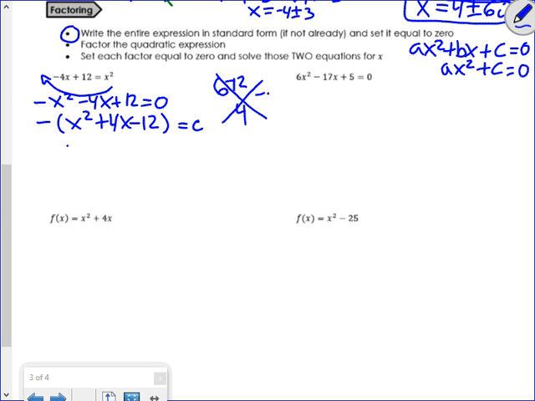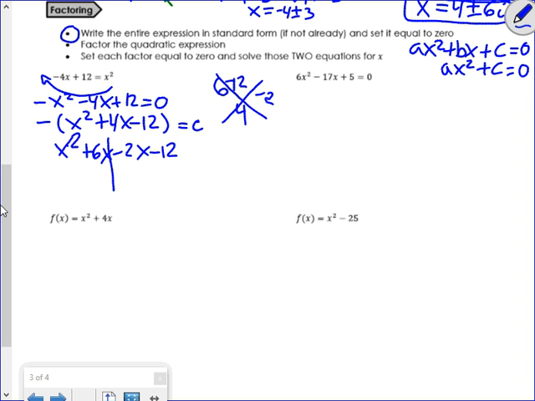Positive 6, negative 2. Okay, so what do I do with those two numbers? You're going to take those two numbers, rewrite the middle term using those two numbers, and then split down the middle. Okay? Then what?